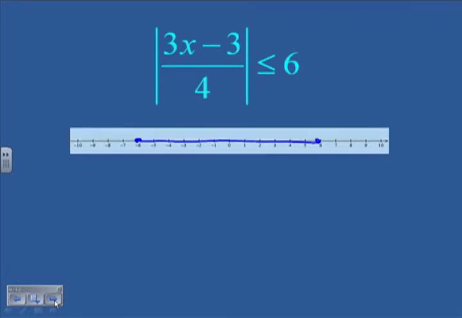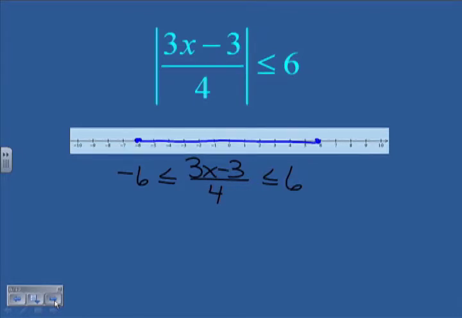Okay, so that means do 3x minus 3 over 4 has to be between negative 6 and 6. Yeah? One segment, one statement, 2 endpoints.